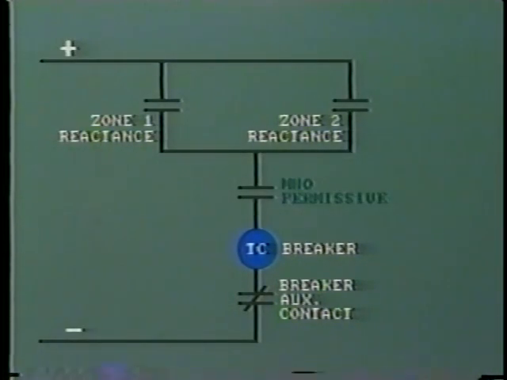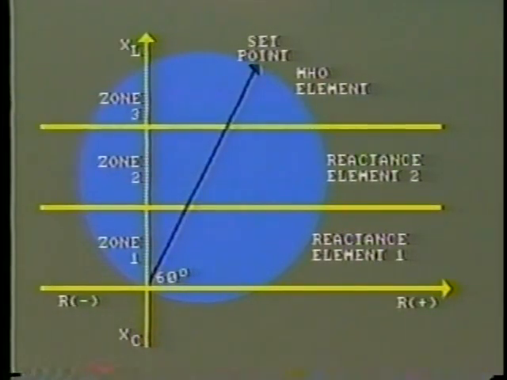But additionally, the Mho element also contains a permissive contact in the operating circuit of the reactance relays. This restricts operation of the reactance relays to this area. The permissive contact will only close when the impedance falls within the circle.